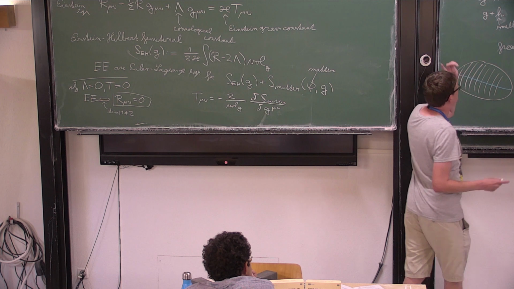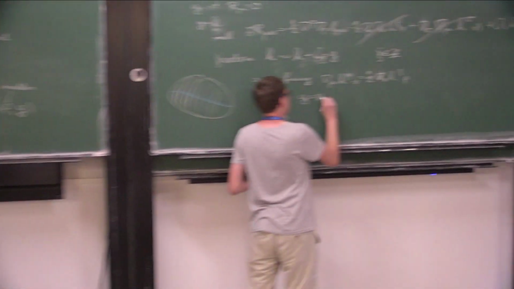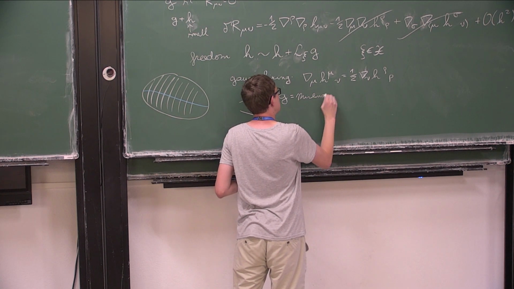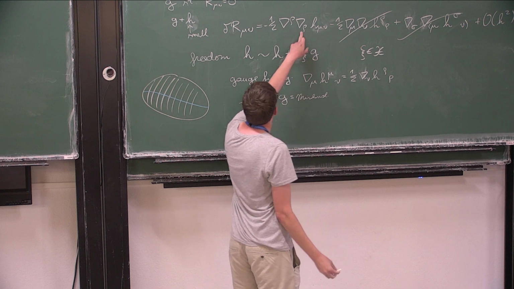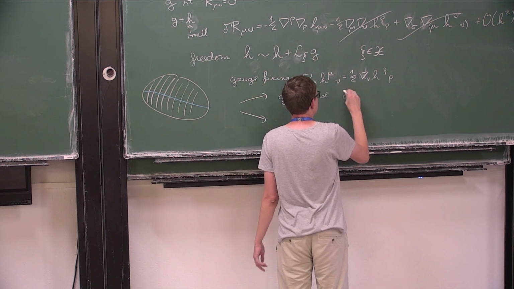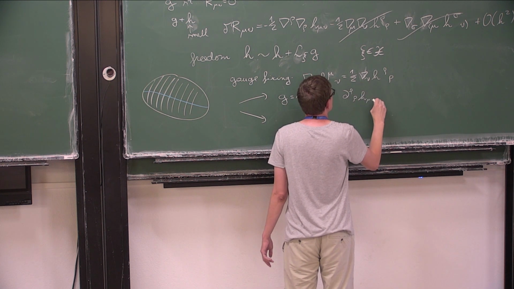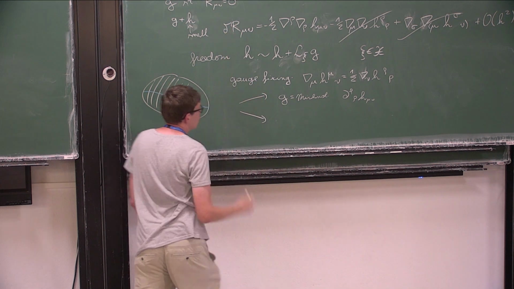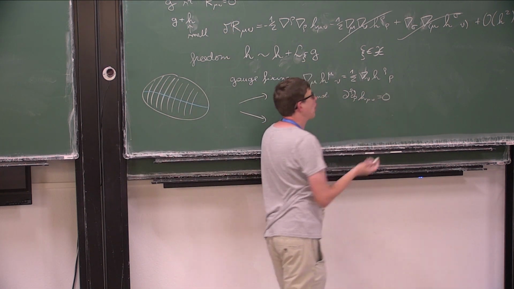Okay, so thing number one, if G was Minkowski, the flat metric, then these nablas simply become partials, and then what I have here is the wave operator. So this thing will be the wave operator acting on H. And since I want this to be 0, I have a wave equation.